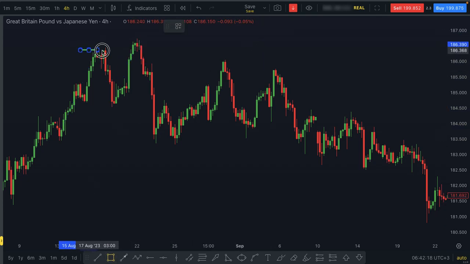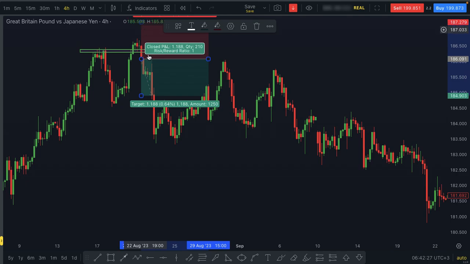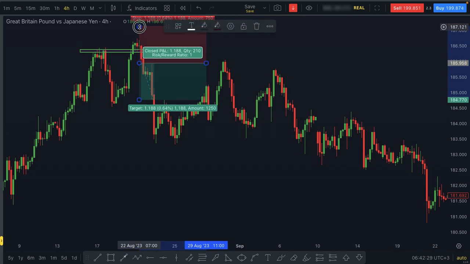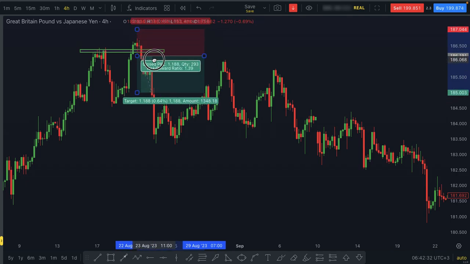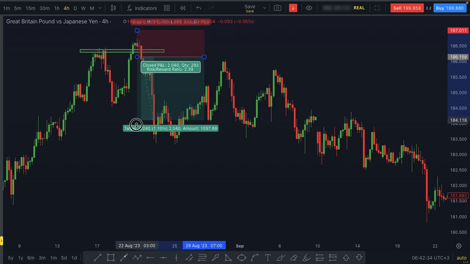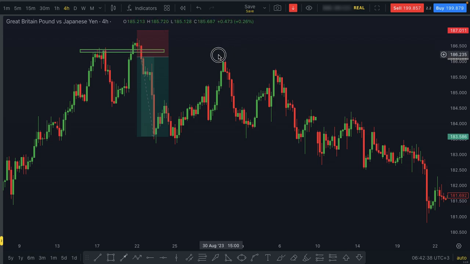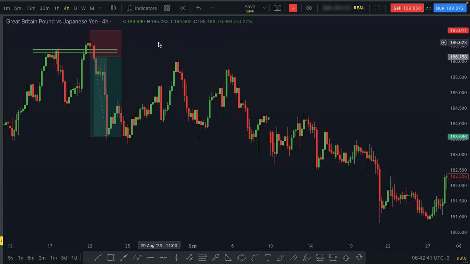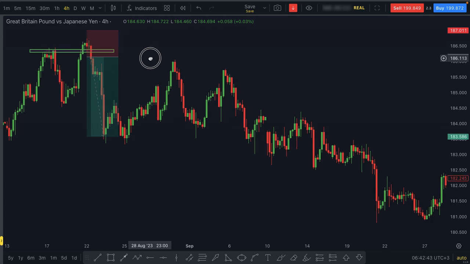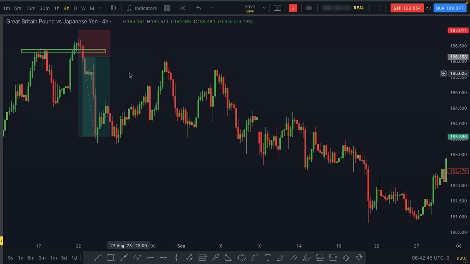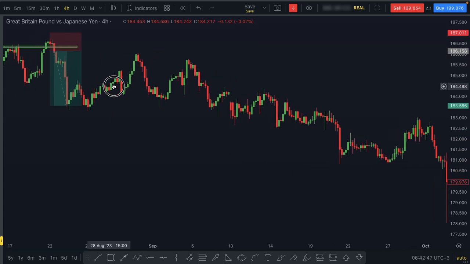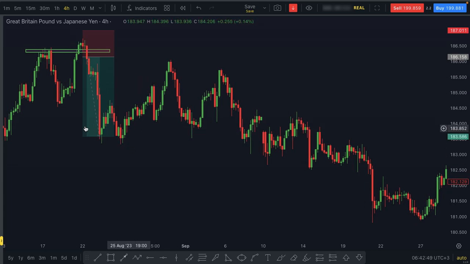You can simply plot your resistance level around here, then you come and short this market, since we've been given a bearish candle around here, and then we anticipate a likely push to the downside. So guys, you can basically see how I'm just using different key levels, different tools for us to get entries.